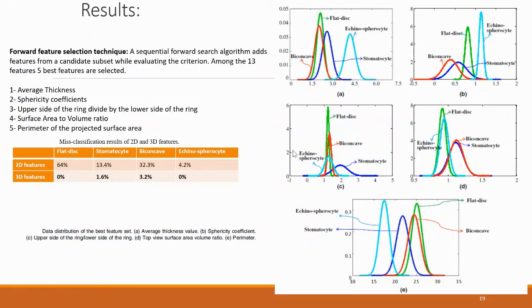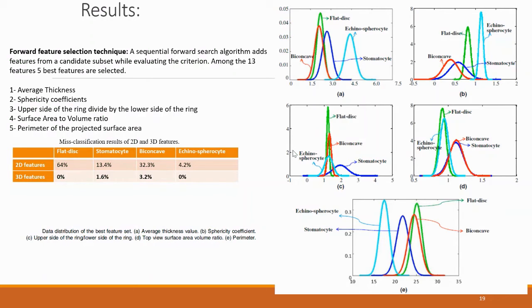Okay, so let's look at some results in this work. We had 13 features in this work, and I showed you a few of them on the previous page. What we used is a sequential forward feature selection algorithm. This method adds features from a candidate subset while evaluating the classification error.